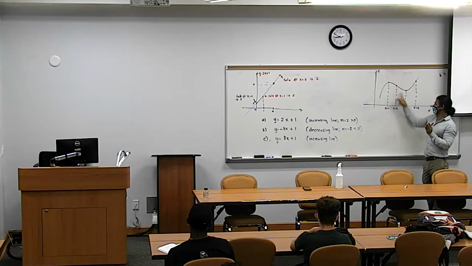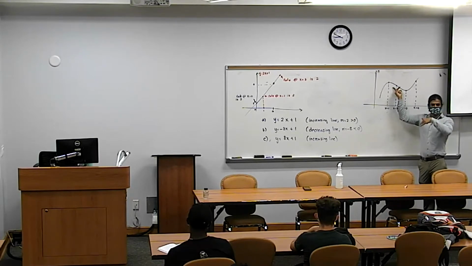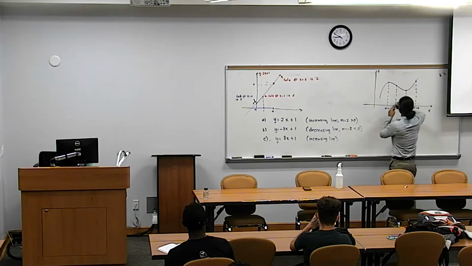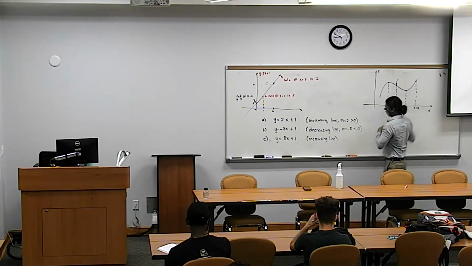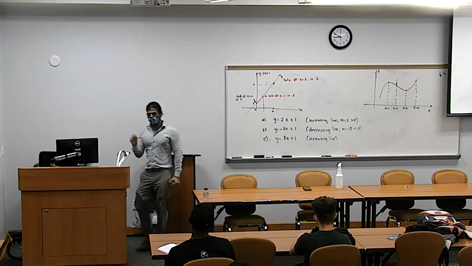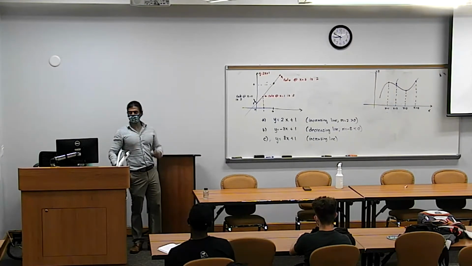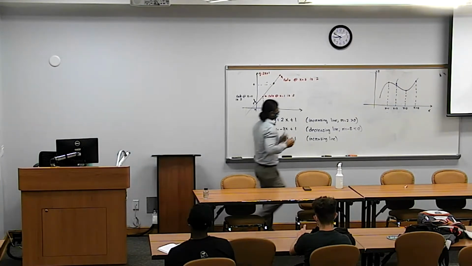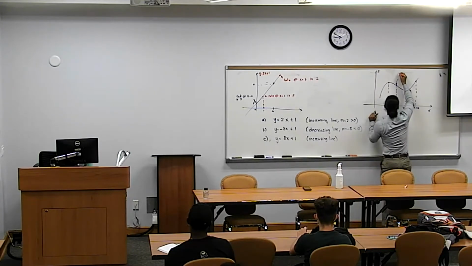So if you look, you don't have to look exactly at 2, but in the neighborhood of 2, the line is going down. Yes? So it's decreasing. What do we know about a line that is decreasing? Its slope is negative. So at x is equal to 2, the function is decreasing.